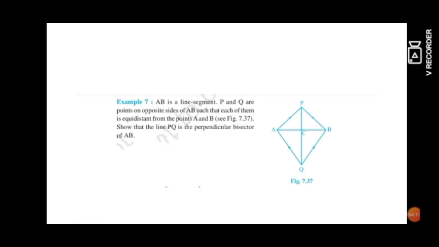Now we are going to discuss a few examples. Today I am going to discuss 2 examples with you. The first one is example 7 of your NCERT book.